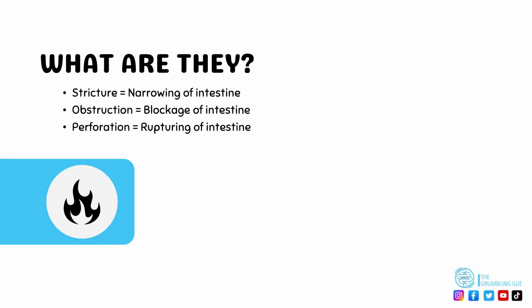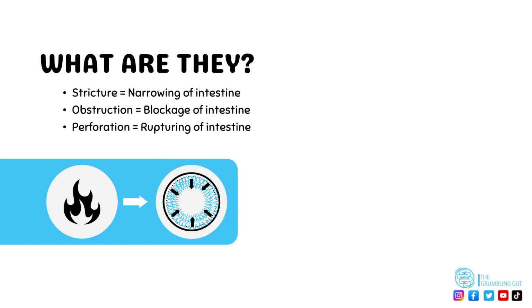What happens is the inflammation in IBD causes damage to the intestines. Once this inflammation is over, the intestine tries to heal itself. As part of this healing process, it lays down scar tissue where the inflammation was. As mentioned before, the inflammation in IBD is continuous, so this inflammation and healing process and the laying down of scar tissue is continually happening.